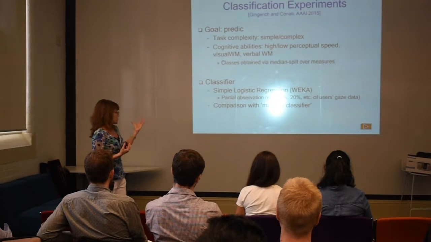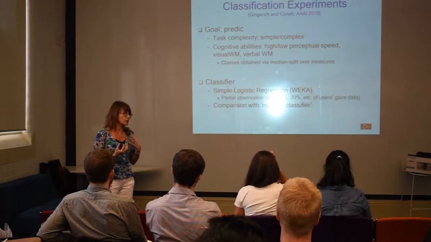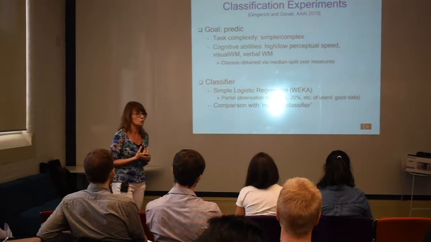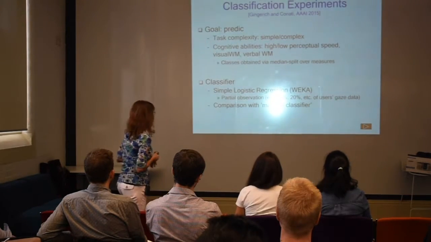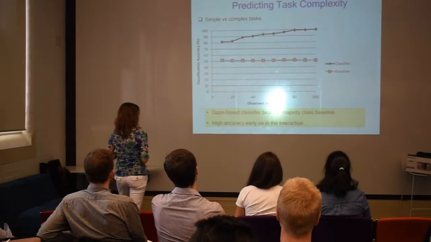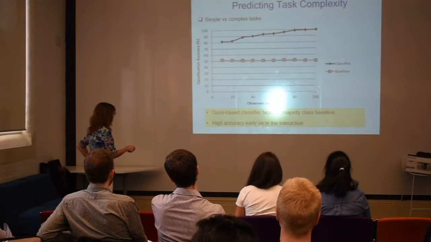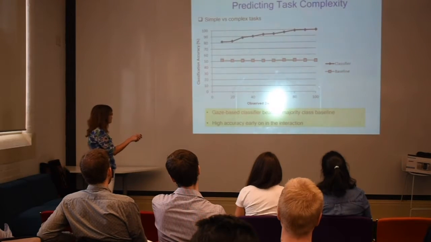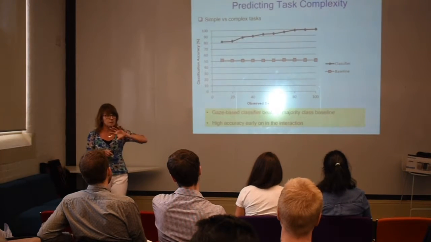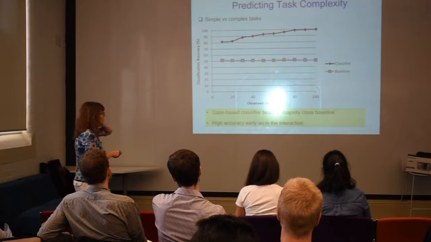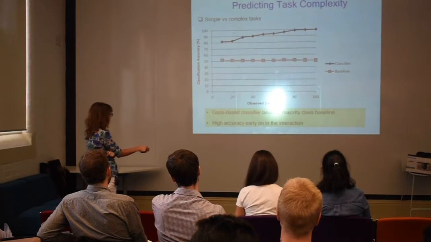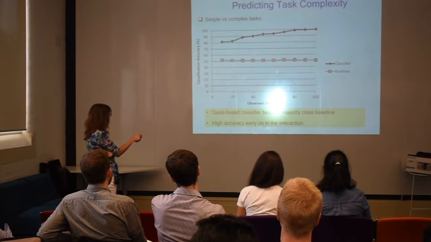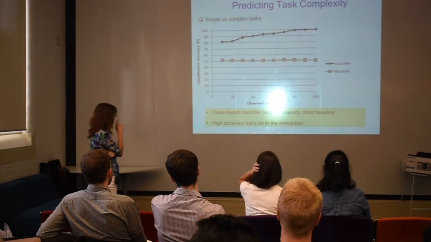For instance, in this case, a majority classifier that always predicts the most likely class, okay? Ask me if you have questions about this. So this graph is the one that shows how classification accuracy for task complexity, easy or difficult tasks, evolves with the amount of data that is fed to the classifier. This is the accuracy line, okay?